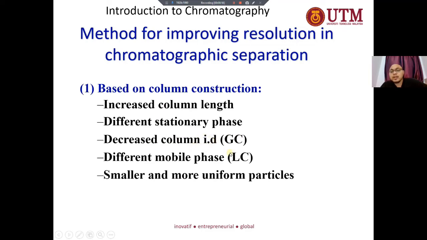In liquid chromatography, we can try to use a different mobile phase system that is compatible with our analyte of interest. And then in the column construction, we can use smaller and more uniform particles.